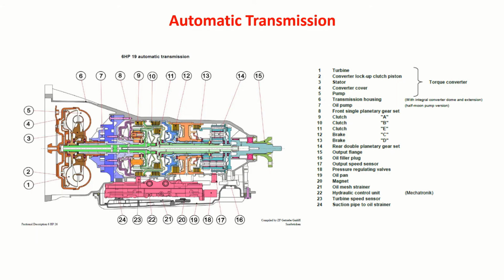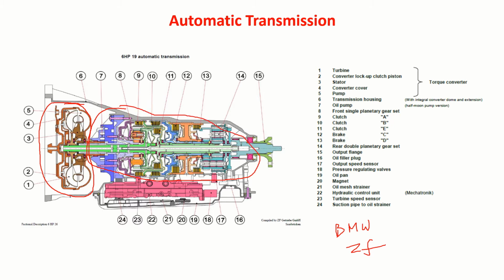Before getting into the 2D illustrations of that, I have just shown a complete automatic transmission system used in a BMW vehicle and developed by ZF. You can see here you have the torque converter system, and here you have the automatic transmission system.